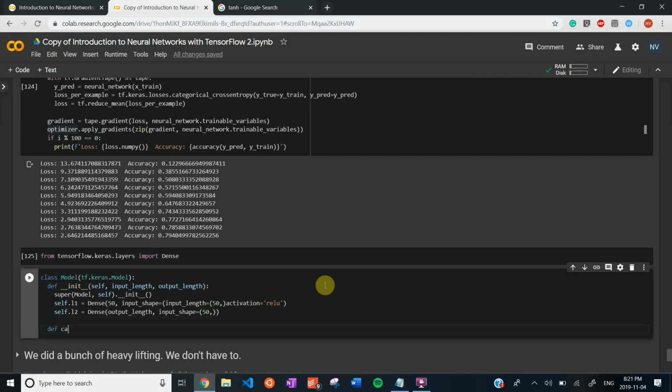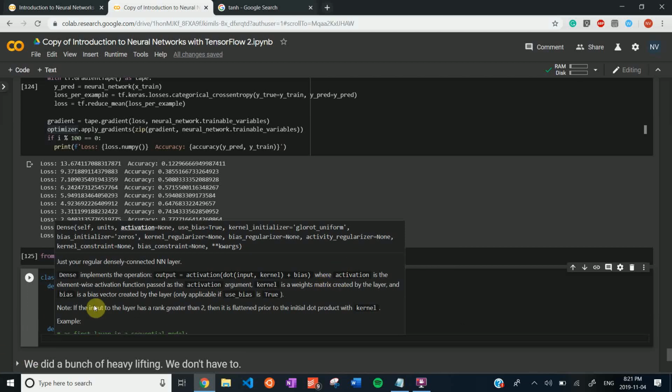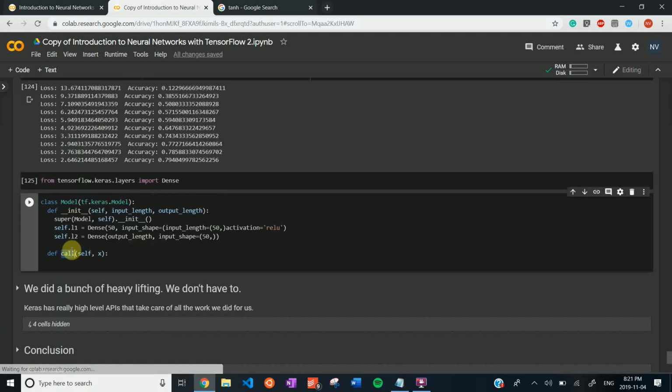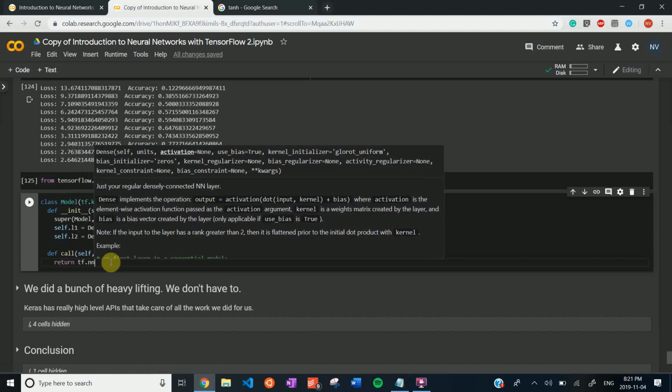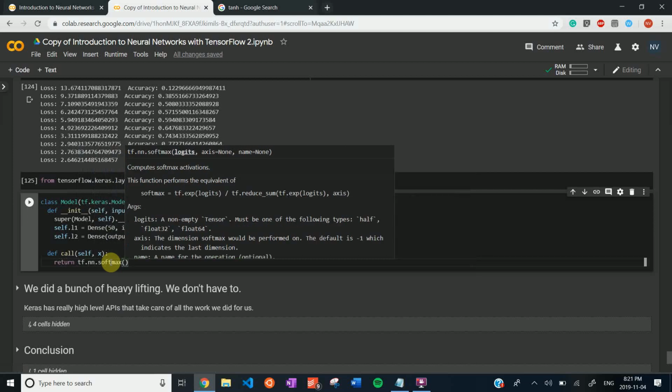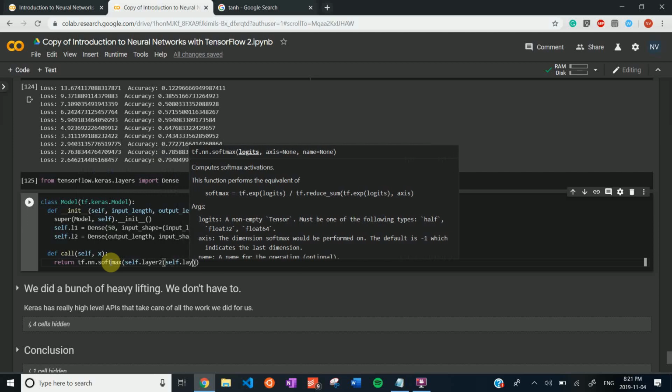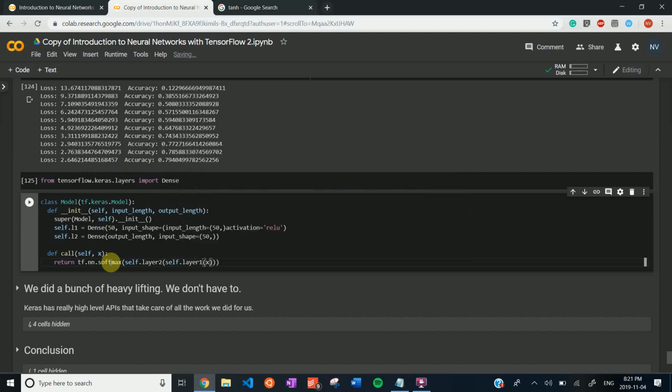And just like what we did before, we can define this call function. And so you'll notice this is not the dunder call. So here we had this special magic method that let us call the class. Here, TensorFlow makes us override this call method because it gives you some extra functionality on top of that with the dunder call. And so we just do the same thing. We just return self.layer2 of self.layer1 of x.